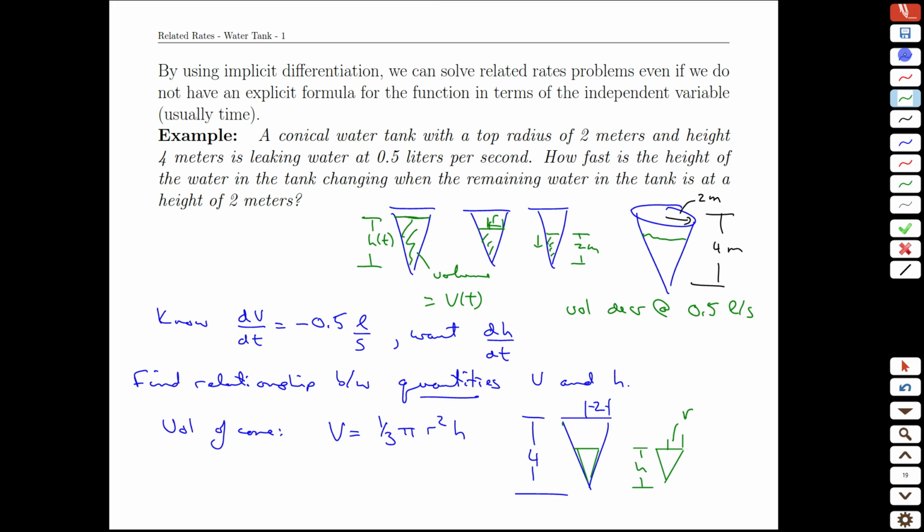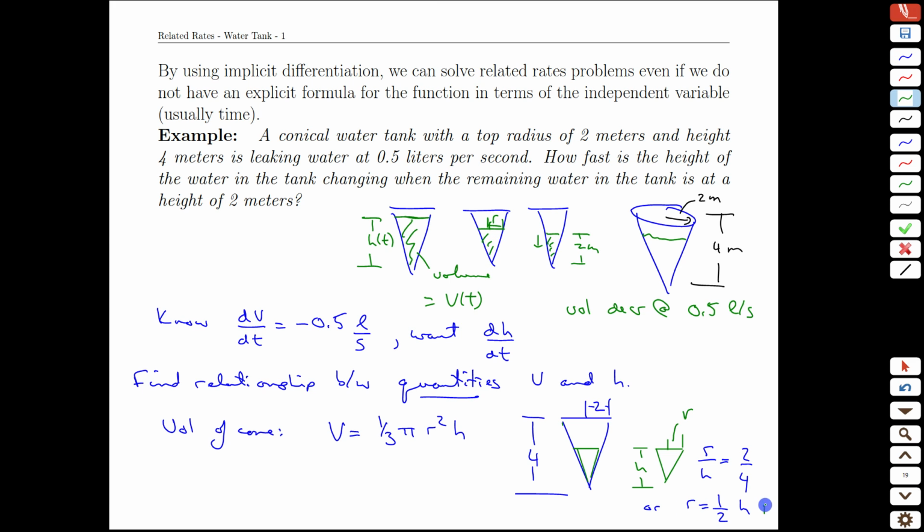We can build a ratio that the radius to the height is always going to be in a ratio of 2 to 4, or r is going to equal 1/2 the height. Perfect. When the tank is full, 4 meters, we get a radius of 2 meters. As h gets smaller, the radius also is going to get smaller.